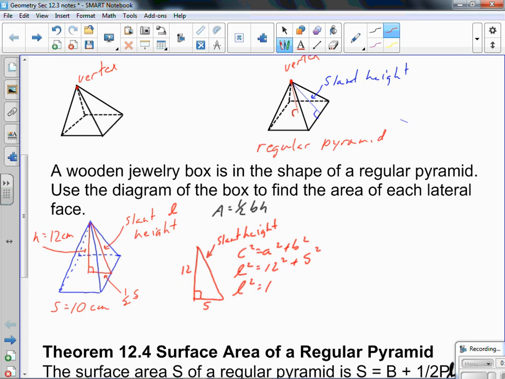So that's going to be 144 plus 25, l squared equals 169. Take the square root. And our slant height is going to be 13. So now we know what the slant height is for the triangle. That is actually just the height for the triangle.